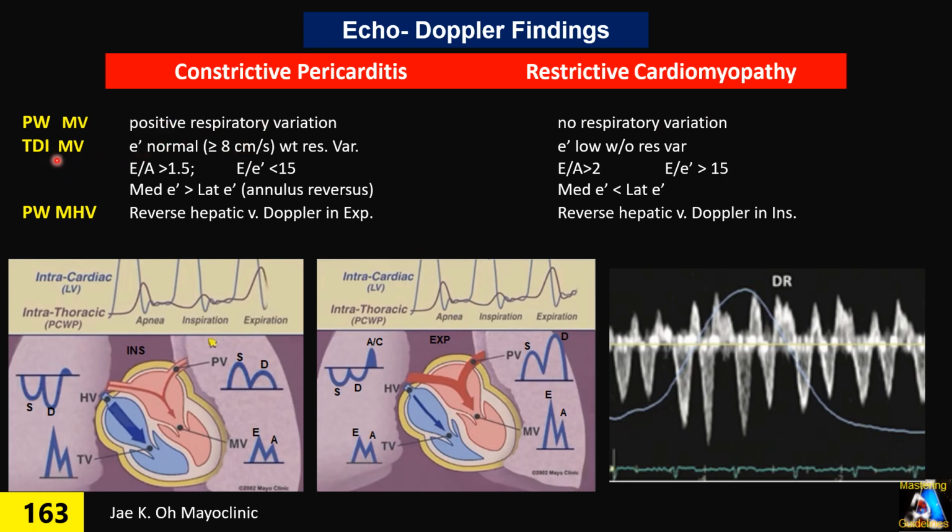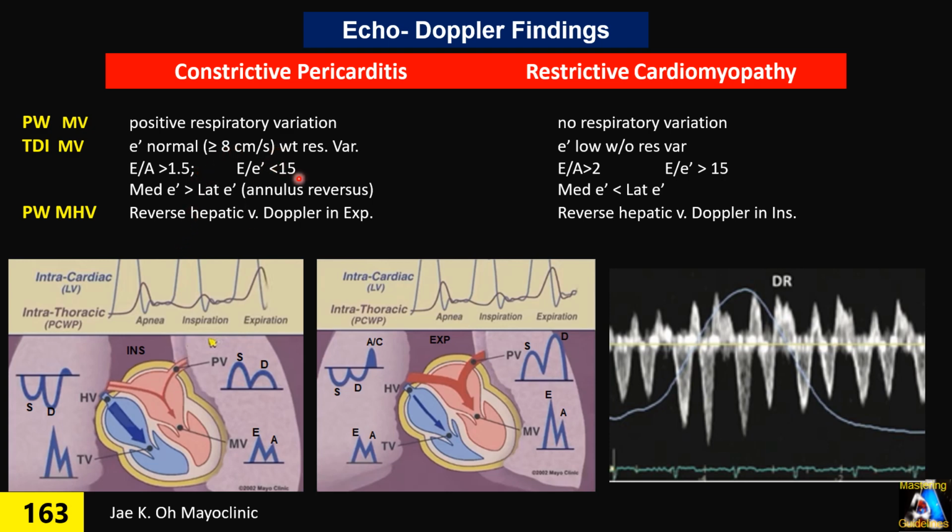Another finding is in tissue Doppler of the mitral valve. In a mitral valve, E usually will be normal. E prime usually will be normal, equal or more than 8 centimeters per second.